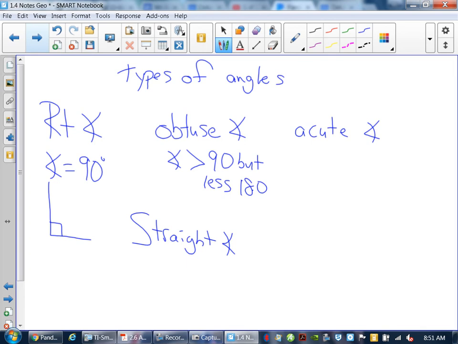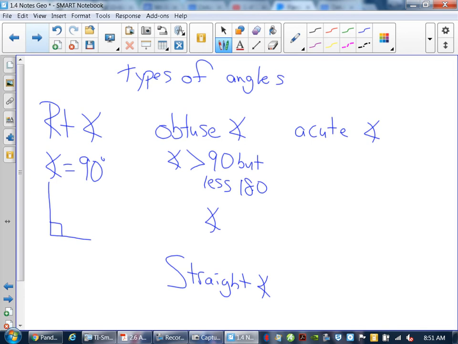Why sometimes do they say 90 degrees and up, and then 180 degrees and less? I think that was in middle school, in the books. They said 90 degrees and up, and I'm like, isn't a 90 degree angle a right angle? Always. It should have said greater than 90 degrees.